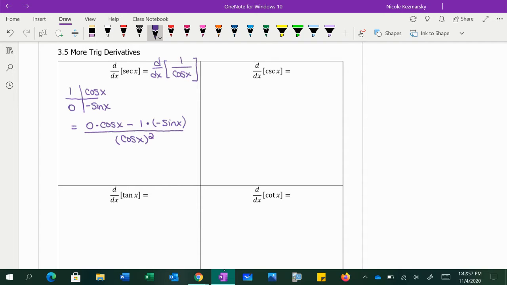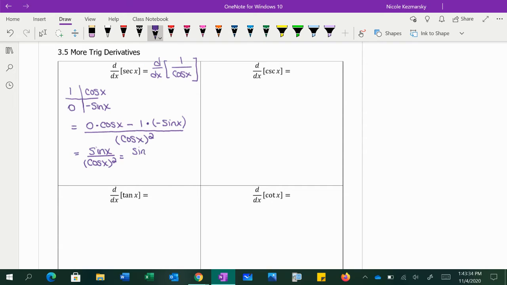And then we're going to clean this up a lot. So 0 times cosine goes away. And negative 1 times negative sine is positive sine. So we're going to have sine of x over cosine of x squared. And then I'm going to play with some trig identities to rewrite this in a more compact form. So I'm going to rewrite the cosine squared as cosine times cosine.